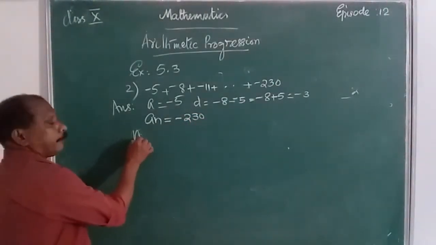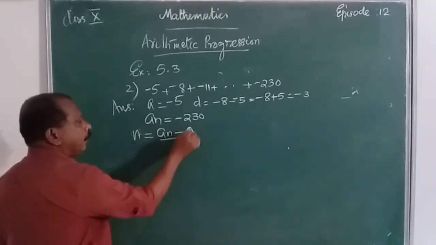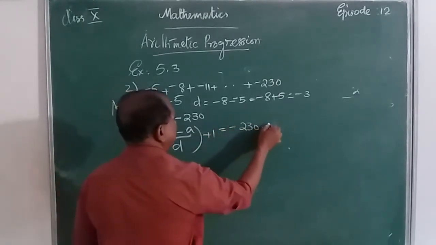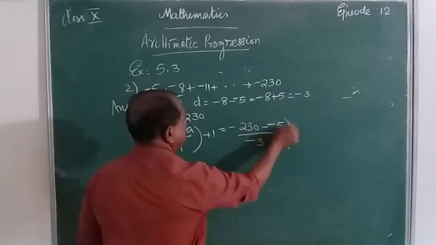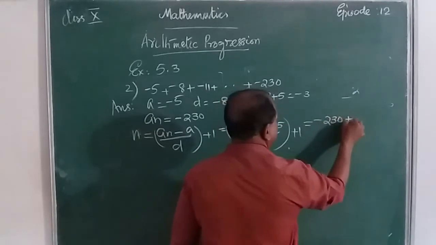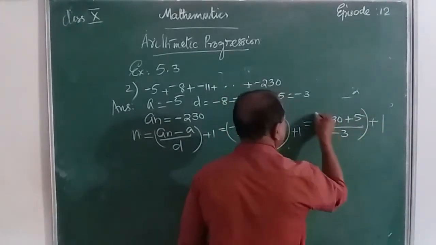The number of terms n is equal to an minus a by d plus 1. That is equal to minus 230 minus minus 5 divided by minus 3 plus 1, is equal to minus 230 plus 5 divided by minus 3 plus 1.